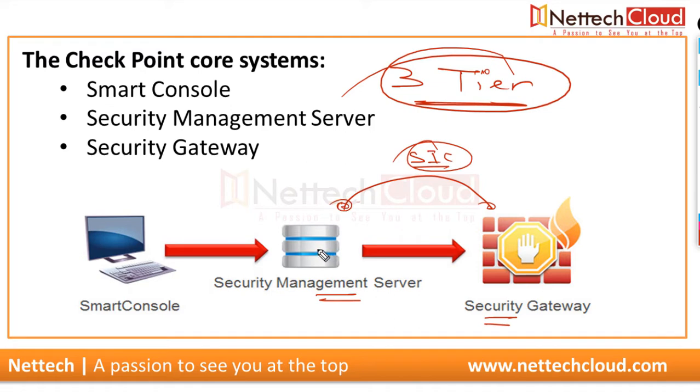So definitely we would not be able to push any policy from management server to the security gateway. So what we do, first we test this SIC whether it's working properly or not, and if it's not working, then what we need to do, we reset this secure internal communication between management server and the security gateway.